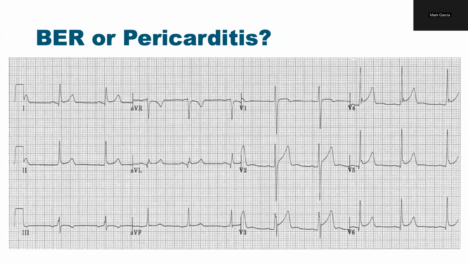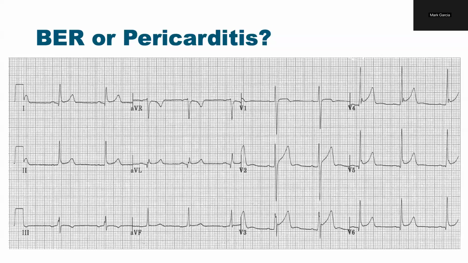Okay, so what about this one? Maybe pause the video and you can decide whether this is BER or pericarditis. I'll give you a couple of minutes to think and decide.